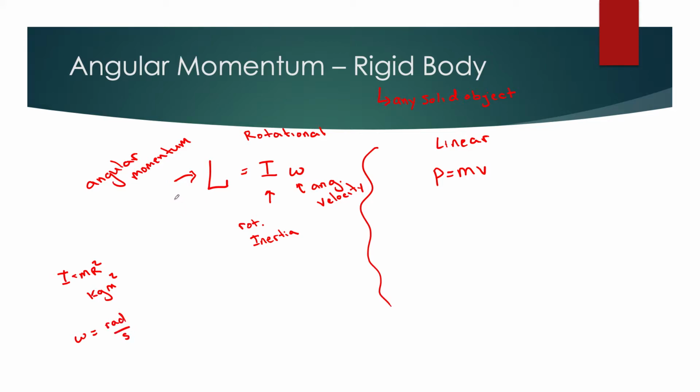And so the units for L, or angular momentum, are going to be kilogram meter squared radians per second. Kind of a strange unit, but it is what it is. And it is a vector. Angular momentum does have direction.